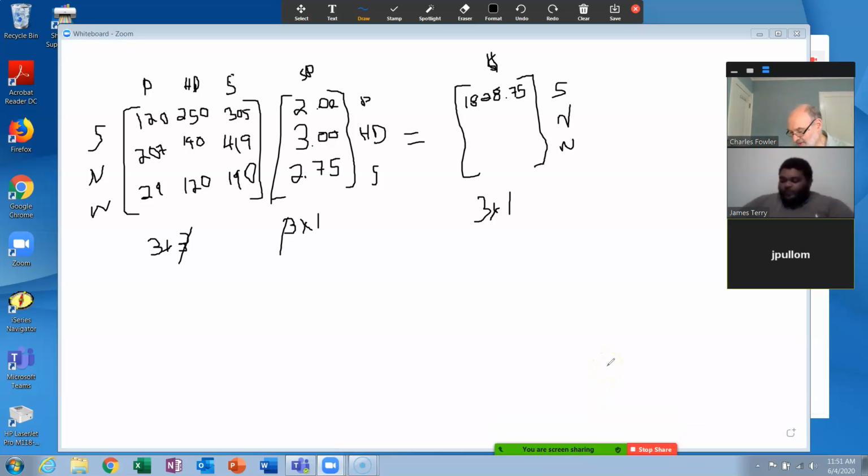Okay. All right. Definition of matrix multiplication. If A, matrix A, represented by little a ij, that means i rows, j columns, that's an M by N matrix.